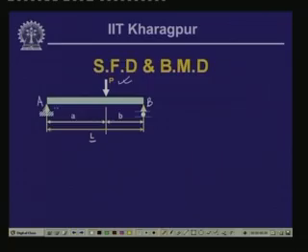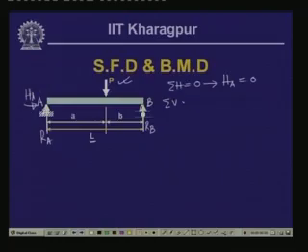Now, if we draw the free body diagram of the whole beam, since this particular beam does not have any axial or horizontal force, the horizontal reaction H A will be equal to 0, as we have seen earlier. So, we will have the vertical reactive force R A and the vertical reactive force at B, which is R B. Summation of horizontal forces equal to 0 gives us that H A is equal to 0.